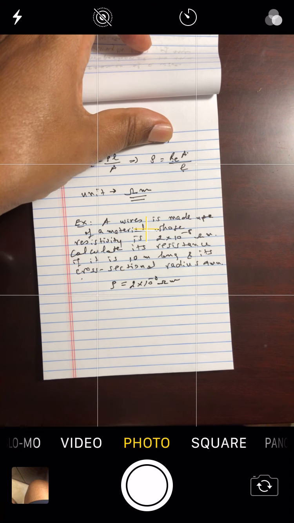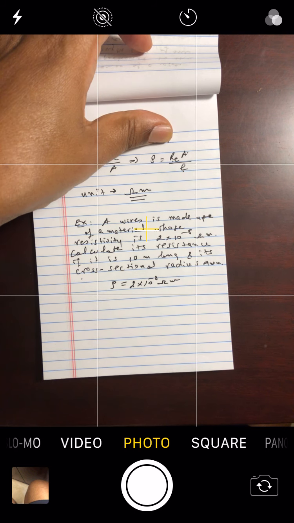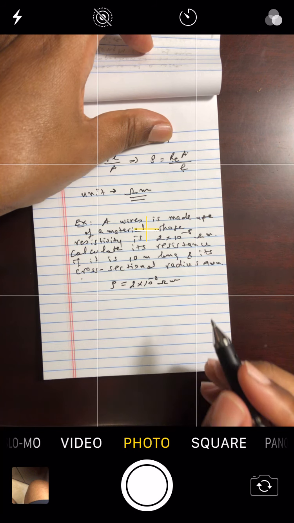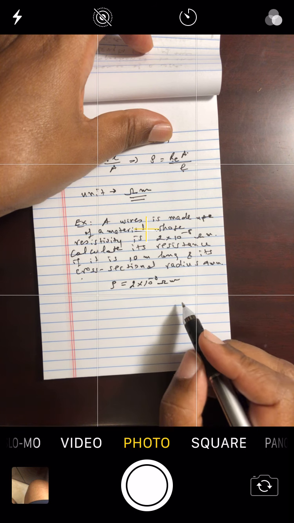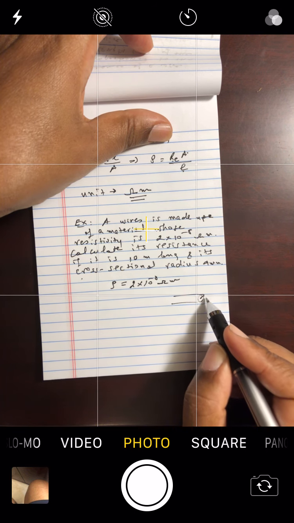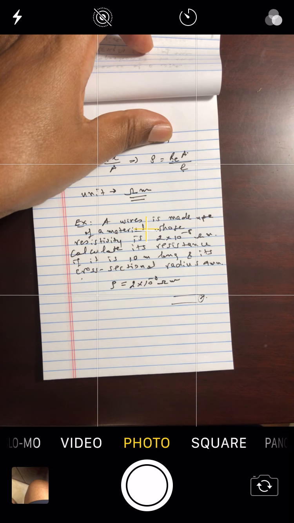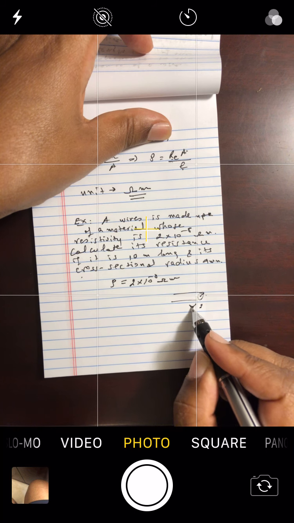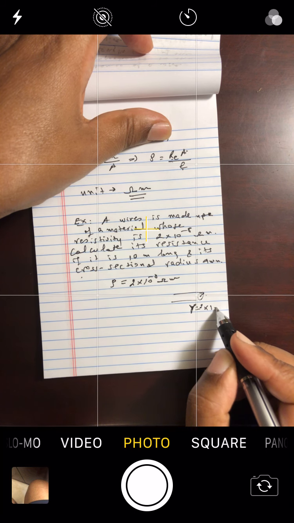Now the radius, this is a wire. So its cross-sectional radius is 2 times 10 to the power -3.